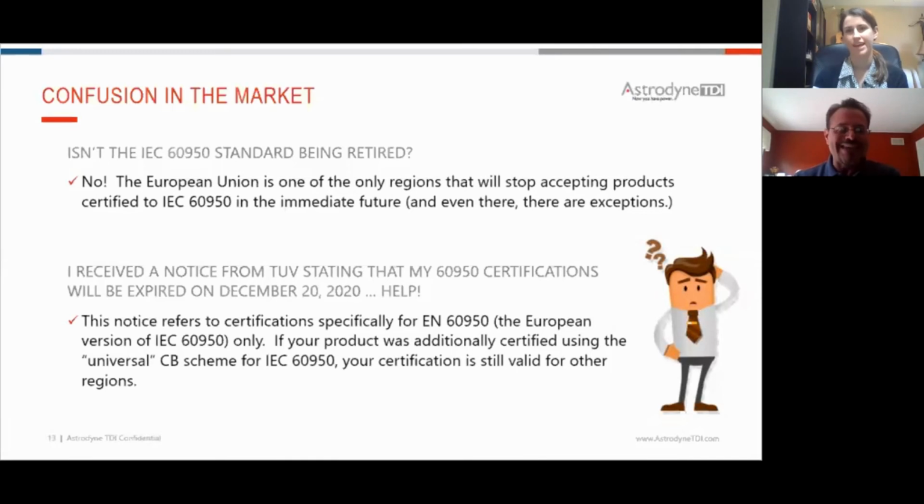The EN 60950 standard is the European flavor of the IEC 60950 standard, and because Europe is not going to accept that standard after December 20th, they're revoking it as of December 20th. However, the product was probably certified to the universal IEC 60950 standard, so that certification is still very much valid for shipment to other countries around the world.